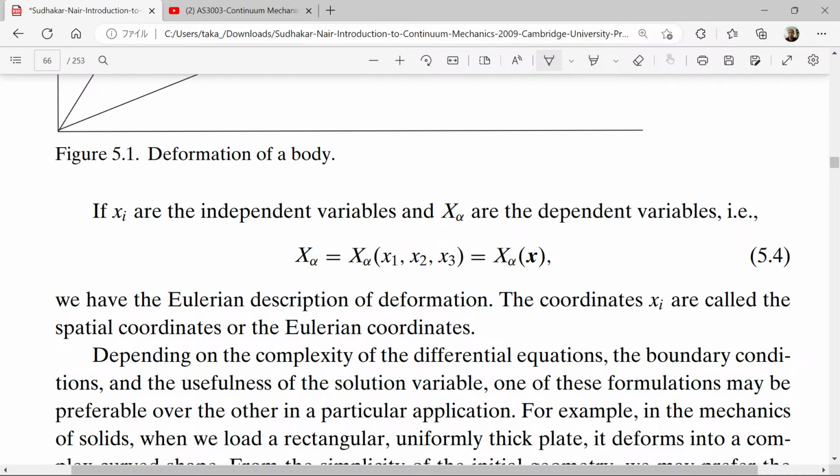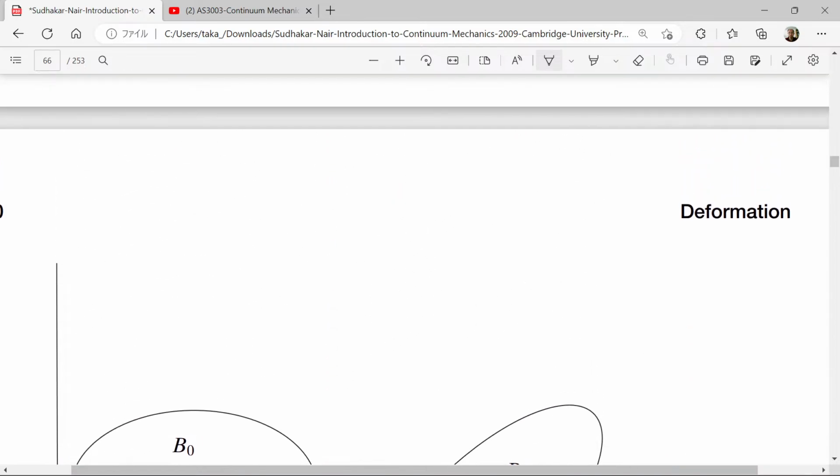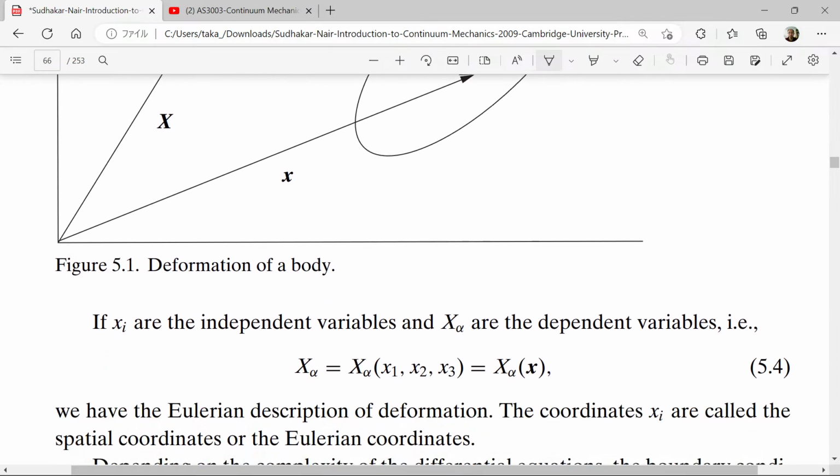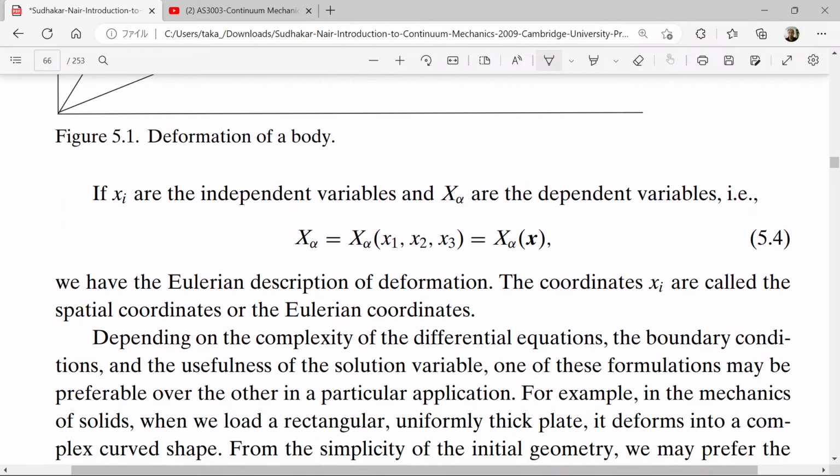If small x_i are the independent variables and large X alpha are the dependent variables, that is, X alpha equals X alpha, which is a function of small x1, x2, x3, we have the Eulerian description of the deformation.